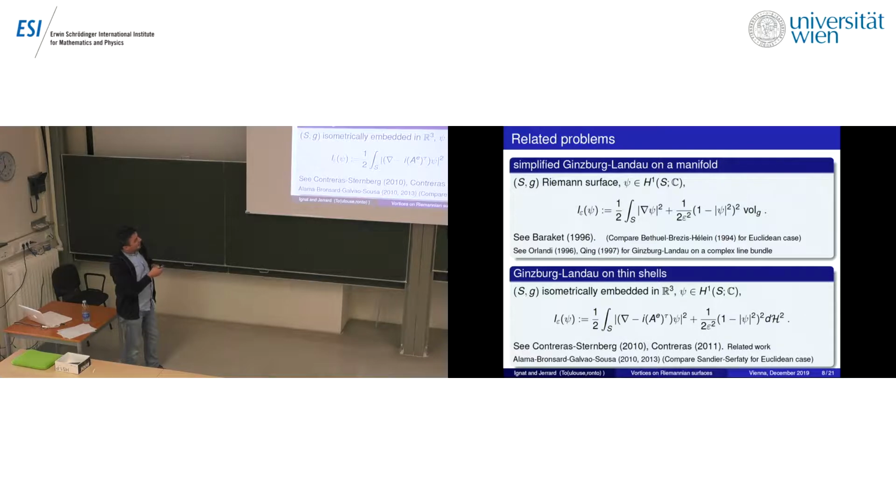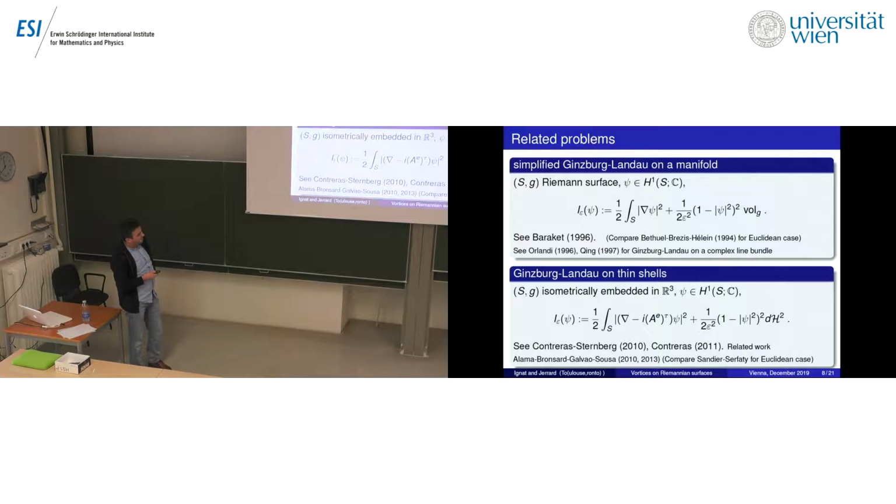Okay, you also have Ginzburg-Landau models where you have a magnetic domain, and so more precisely complex line bundles. And okay, what is in fact covered by our extrinsic model is this one that was also for a thin shell.